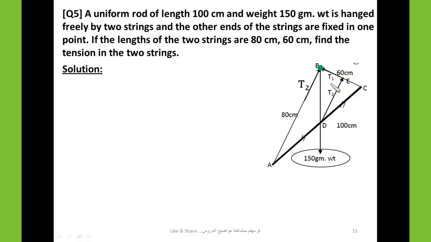Now we have the three forces T1, T2, and the weight W, acting in the same cyclic order, and the body is in equilibrium. This body AC is in equilibrium, so triangle DEB is the triangle of forces.